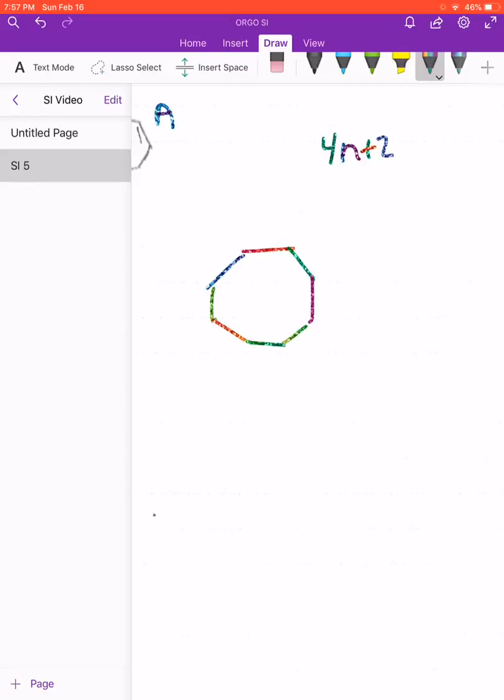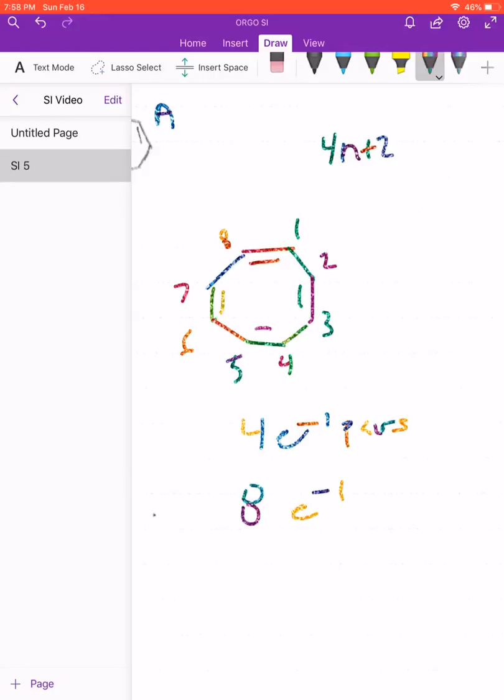But now let's say that we have the following molecule. So we have 1, 2, 3, 4, 5, 6, 7, 8 carbons, and we have 4 electron pairs, and we have a total of 8 electrons. So is this molecule aromatic?